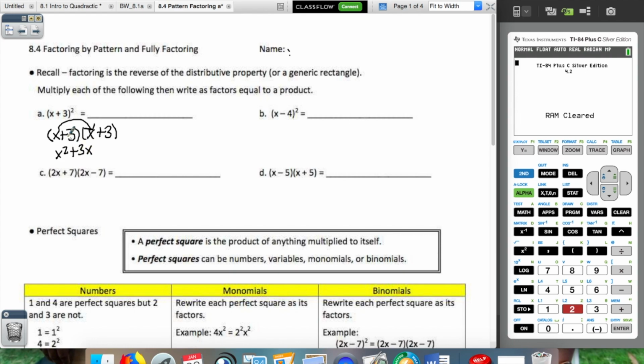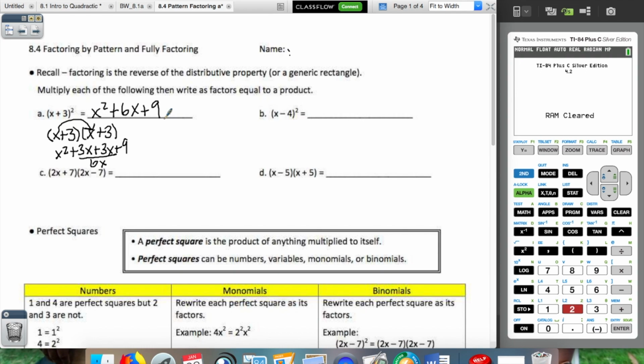And then we got another 3 times x, which would get us 3x. And then 3 times 3, which would get us 9. Now, don't forget, if we have like terms, we need to combine them. So we do. We have 3x plus 3x, which would be 6x. And that leaves us with x squared plus 6x plus 9.